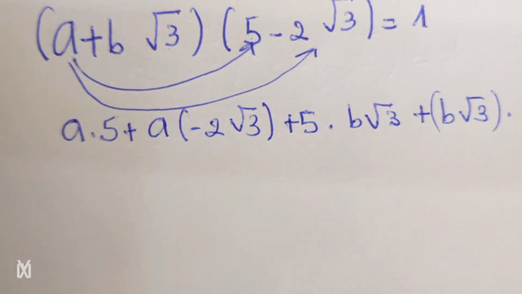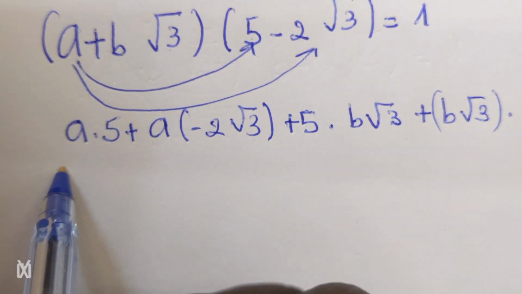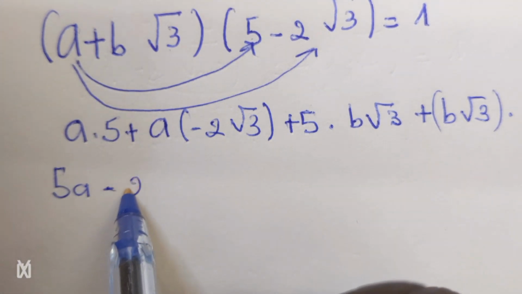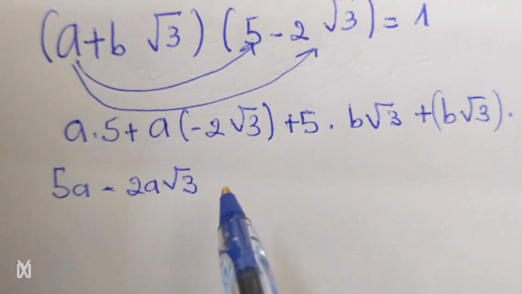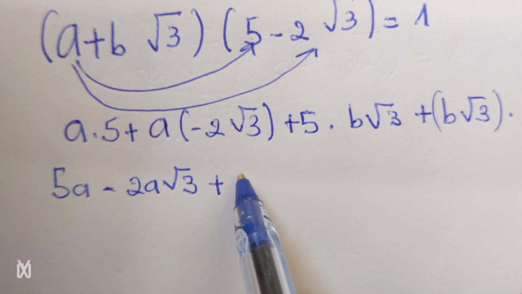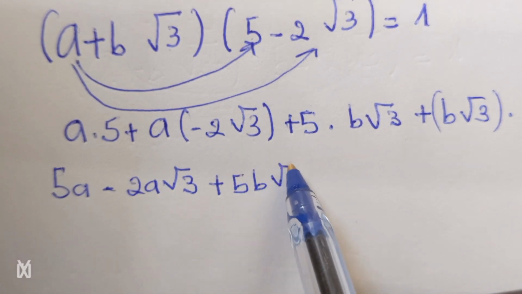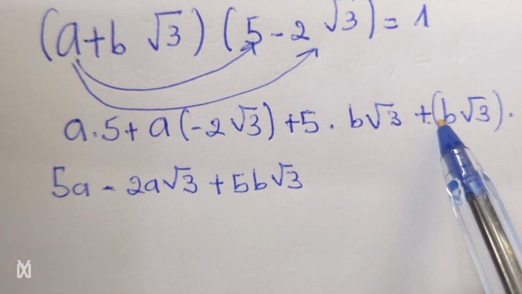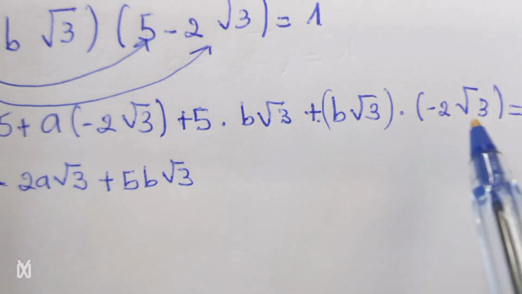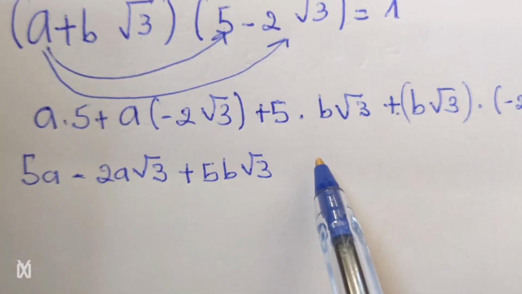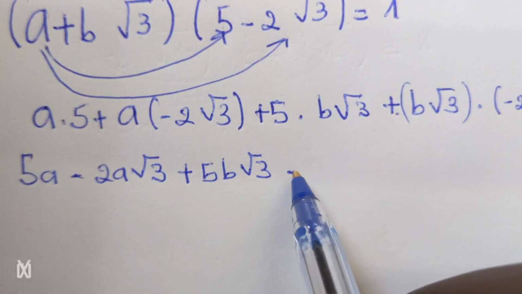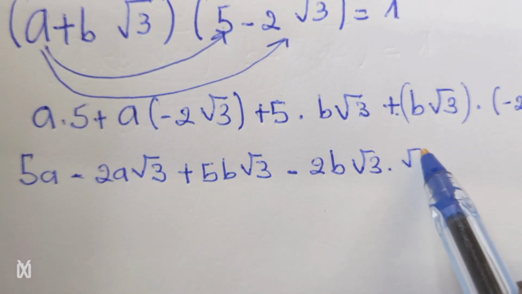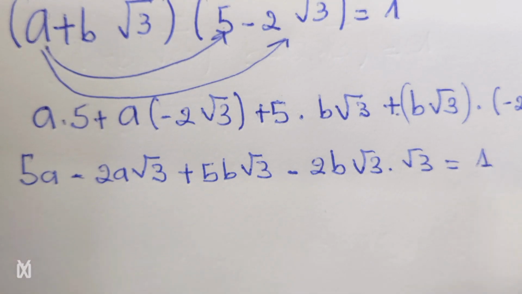Now here this will bring 5a, then here we have negative 2a square root of 3, then plus 5b square root of 3, and then here we'll have b square root of 3 times negative 2 square root of 3, which is negative 2b times square root of 3 times square root of 3, which is equal to 1.